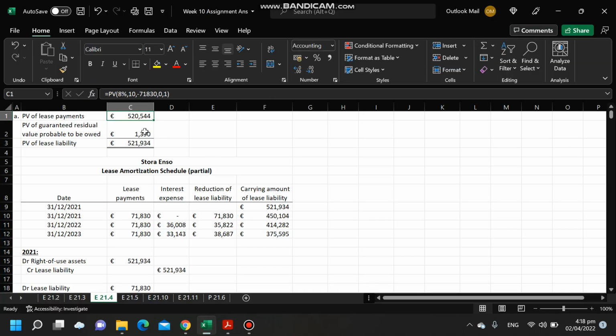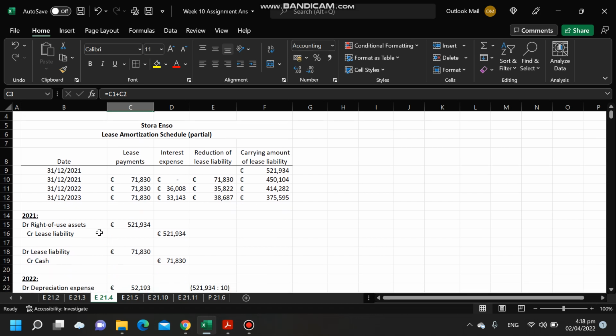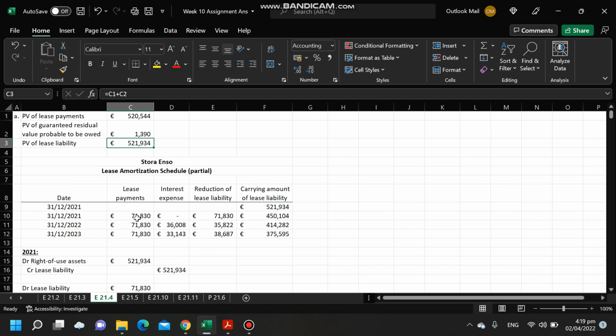So use the single sum present value formula: 3,000 divided by 1.08, because the rate is 8%, to the power of 10. So the present value is 1,390. The total present value of this liability is 521,934.